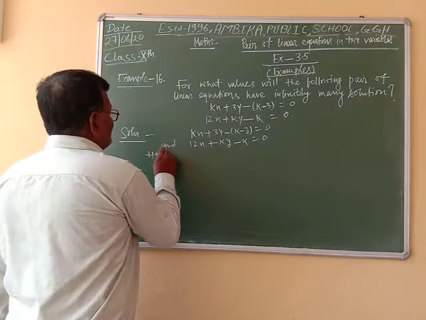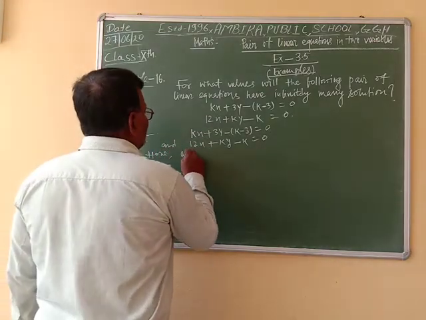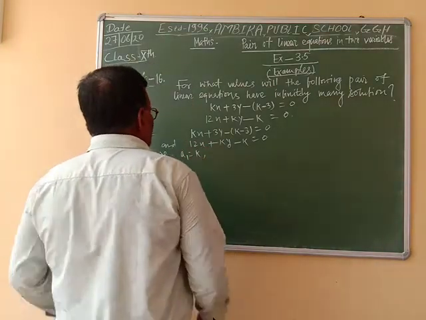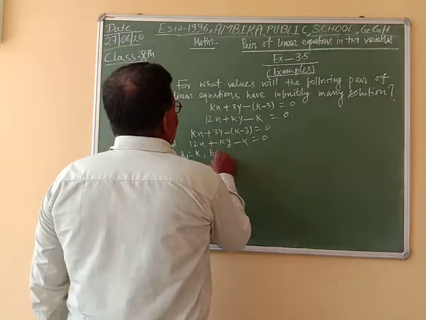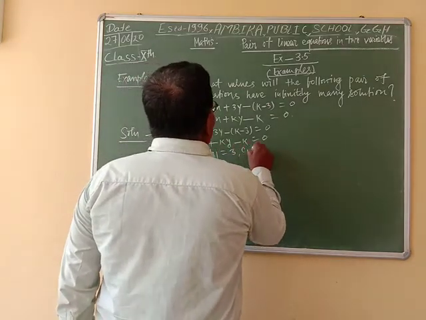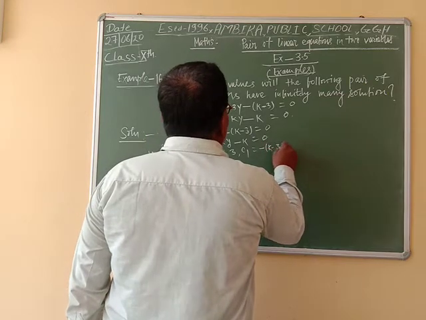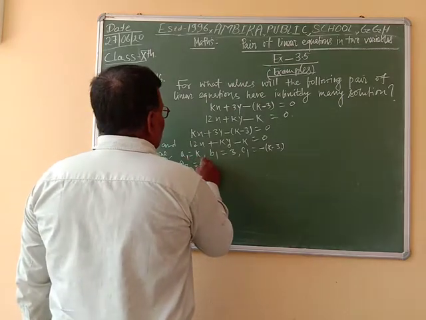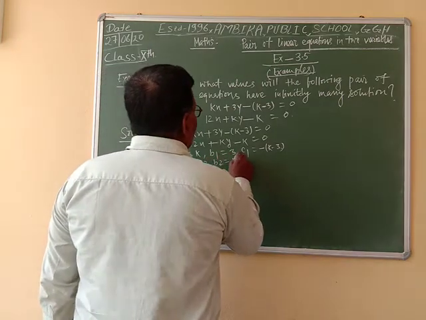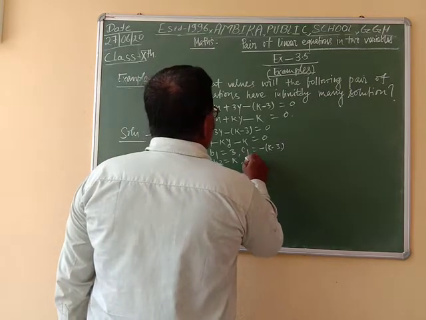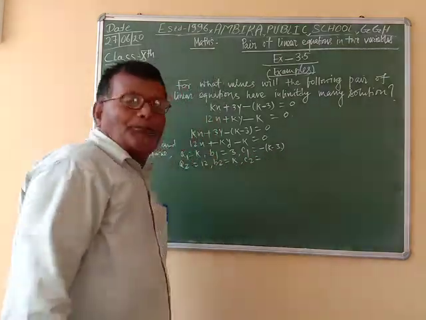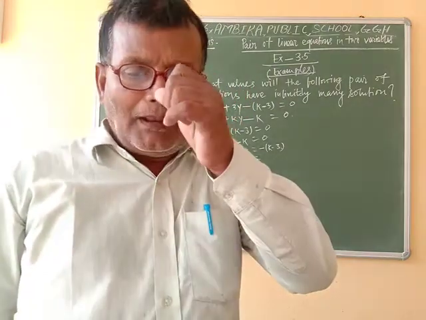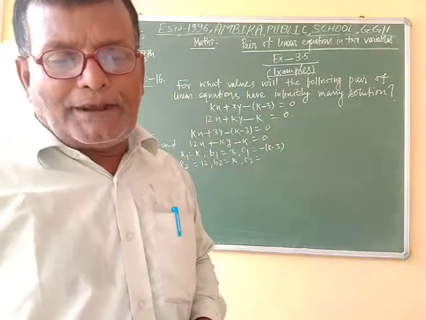Here from equation first we find a1 is equal to k, b1 is equal to 3, c1 is equal to minus k minus 3, and from equation 2, a2 is equal to 12, b2 is equal to k, and c2 is equal to minus k.